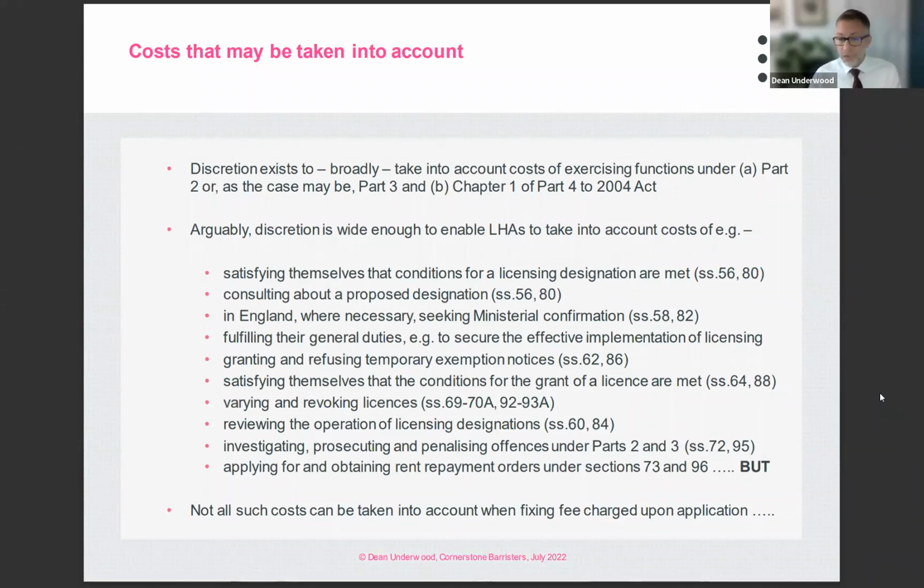The costs of varying and revoking licenses, reviewing the operation of licensing designations, investigating, prosecuting and penalising offences, and applying for and obtaining rent repayment orders.